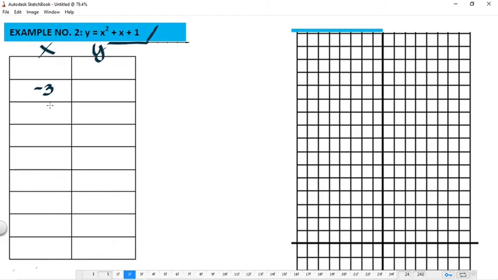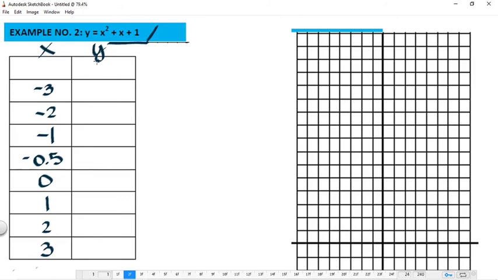So let's continue. Negative 3, negative 2, negative 1, and then I will just try to add some number here. Negative 0.5, 0, positive 1, positive 2, and finally positive 3. Then we are going to determine the corresponding values for y.